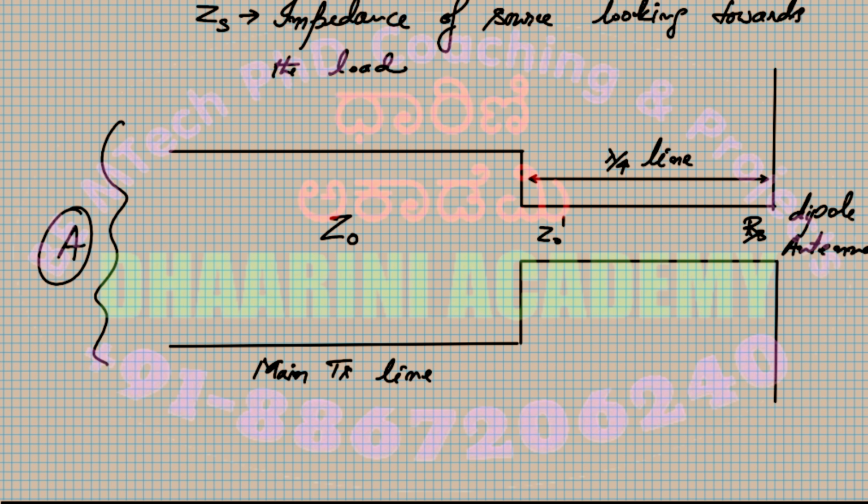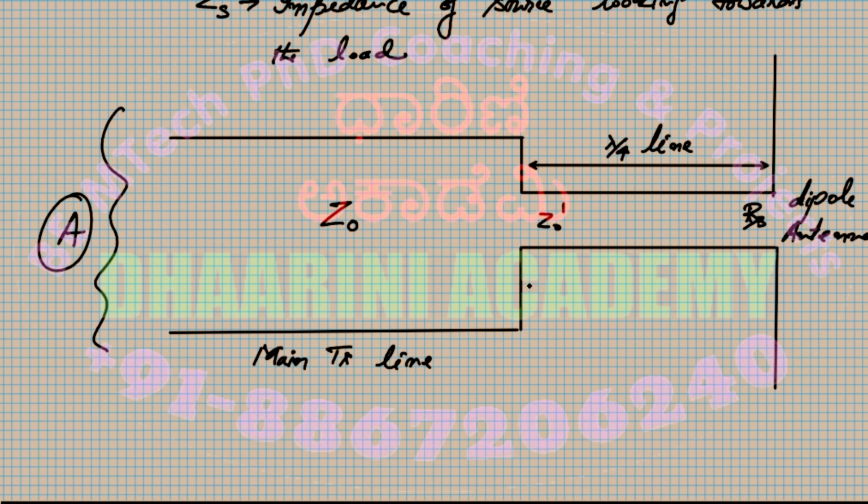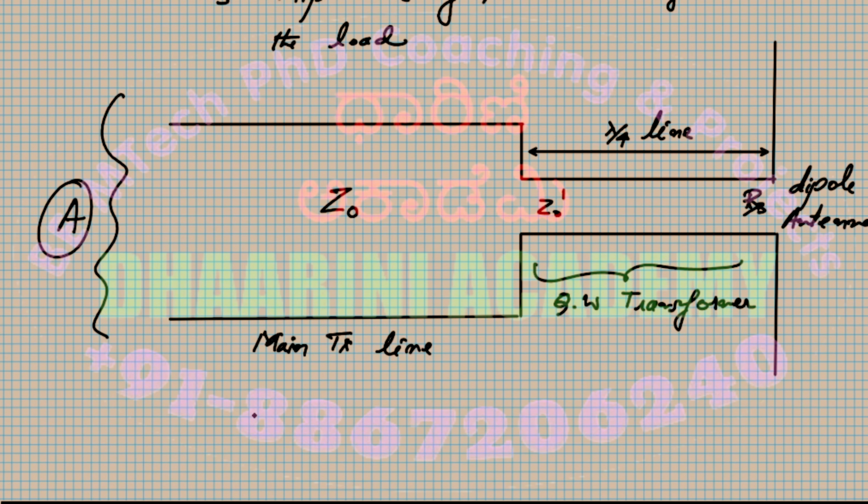How do I choose? So this part is the quarter wave transformer. I need to do only one calculation, that is how do I match this? So Z0 dash should be equal to the root of, using the above equation, Z0 into RS.